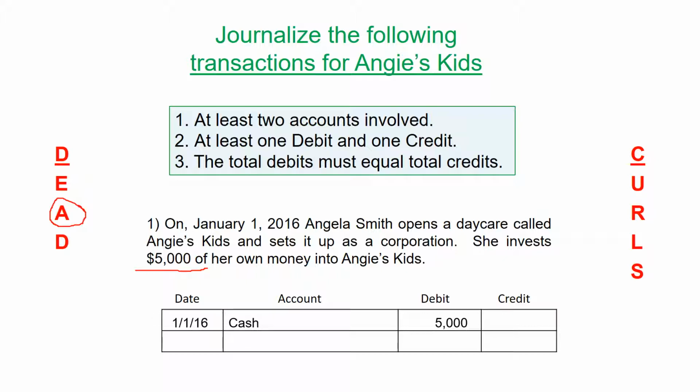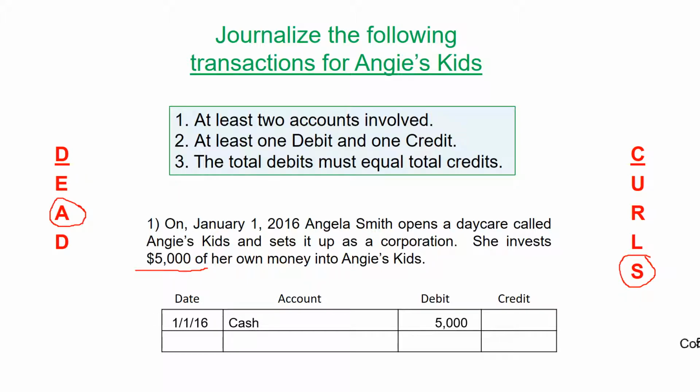And then in exchange for the cash, the investor is going to receive equity or shares of stock in the company. And stock is an equity account, and that's what the S stands for. S stands for shareholders' equity, and has a normal balance of a credit, so it increases on the credit side.